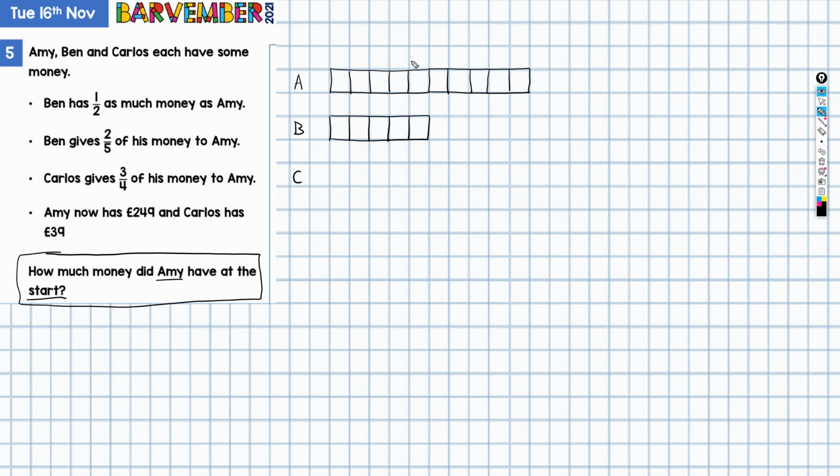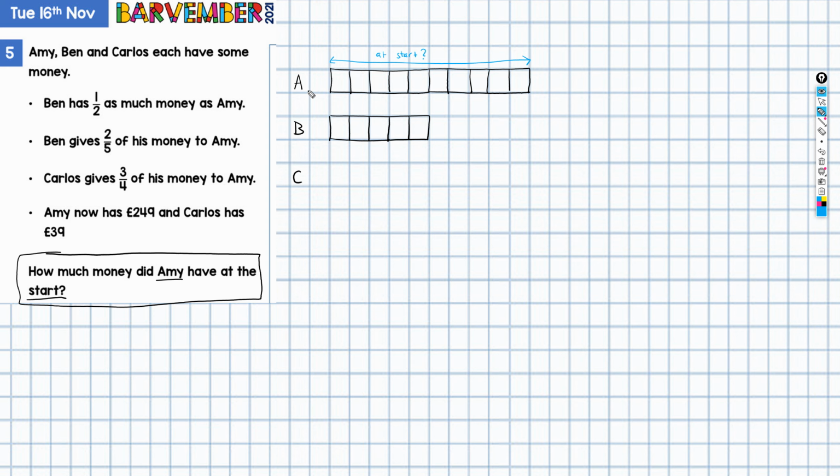Now, this here is what Amy has at the start, and I'm mindful of the question, which is asking me how much money did Amy have at the start. So I think I am going to note that here. So this is at start. And here's my question mark. That's what I want to find out.